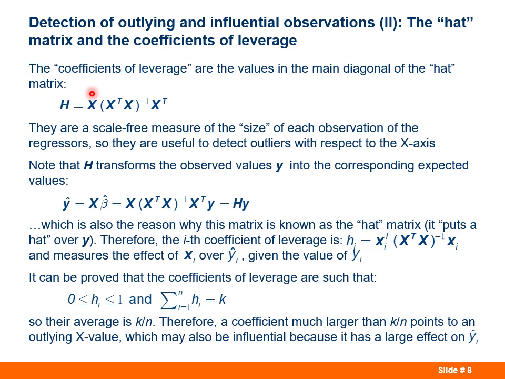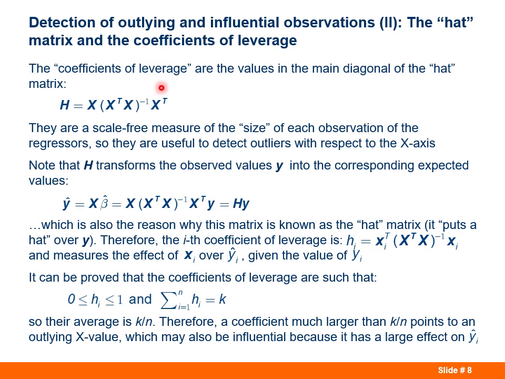In the numerator we have x times x transpose, something that we can assimilate with x squared. And x squared is divided by the inverse, in the center of this expression, of x transpose x. As we multiply and divide numbers of the same scale, this is the reason why we get a scale-free measure. And this is measuring the size of x squared, which is in the numerator.